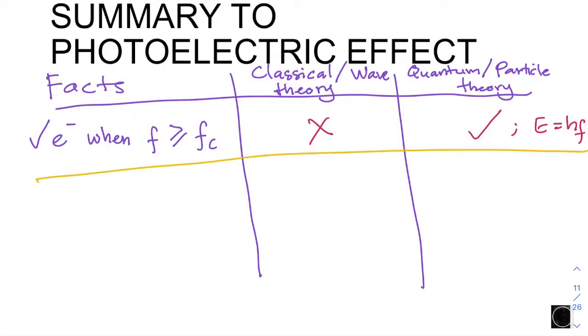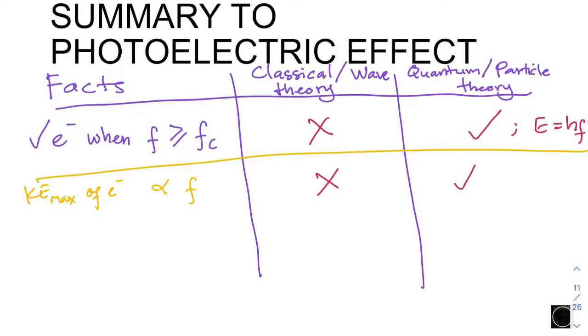Then the second fact to be explained is that the maximum kinetic energy of the ejected electron, or photoelectron, is directly proportional to the frequency. Based on classical or wave theory, they cannot explain this because they thought it has nothing to do with the frequency.